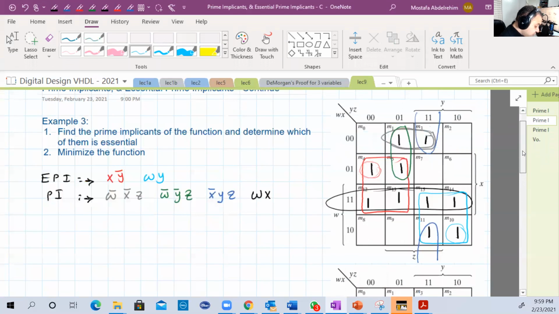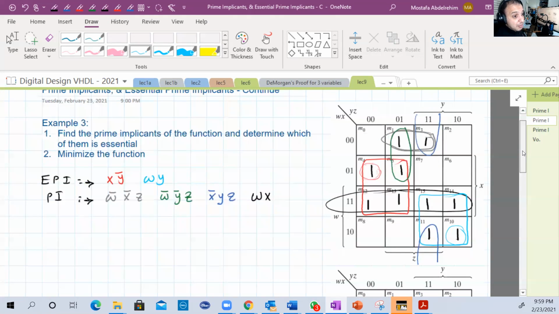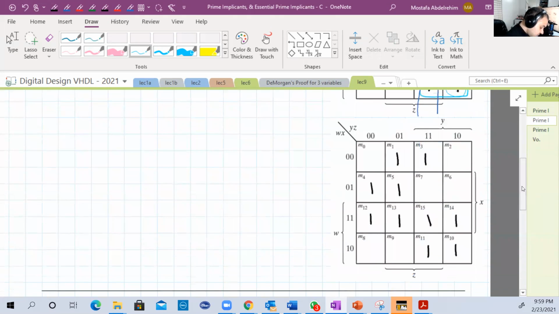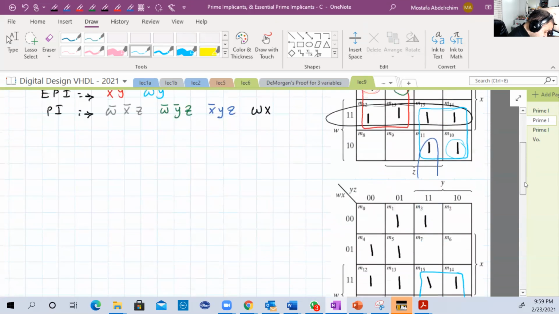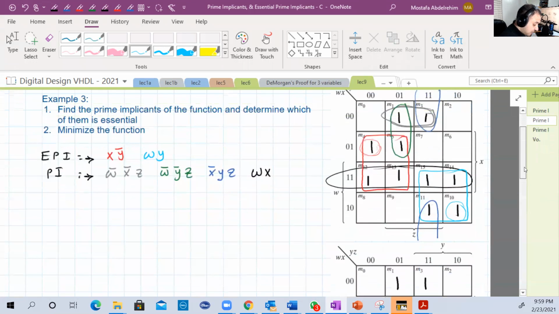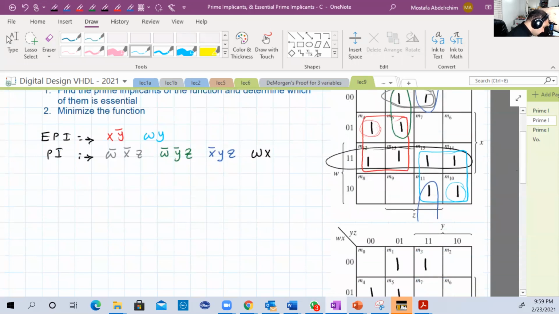So first draw the essential prime implicants and check if they cover all the ones. If they cover all the ones, then the function F is just equal to the summation of the essential prime implicants. Otherwise, you need some of the normal prime implicants. And the guy is the red guy.